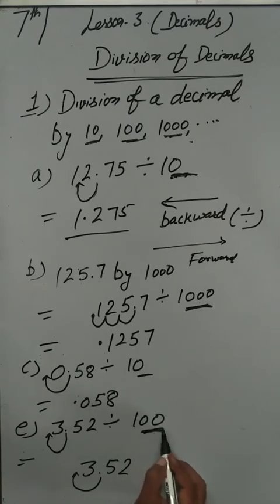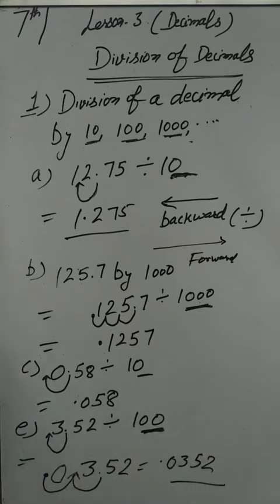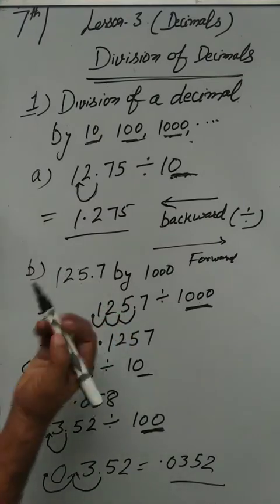When it shifts 1 position toward the left and no digit is there, then place a 0 ahead. Then it will jump the second position and come here. Your answer is 0.0352. Understood, beta?